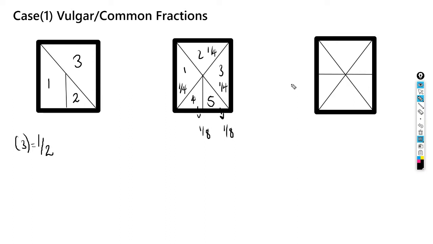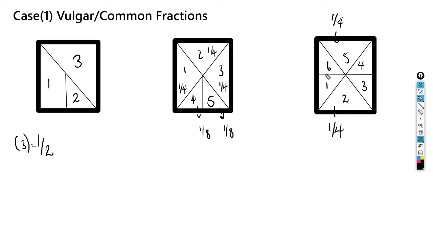All right, so let's look at the other section now. We have another rectangle here, and we have 1, 2, 3, 4, 5, 6 parts. From just observing, we can see that this 2 is a quarter of the rectangle. This 5 is also a quarter of the rectangle.